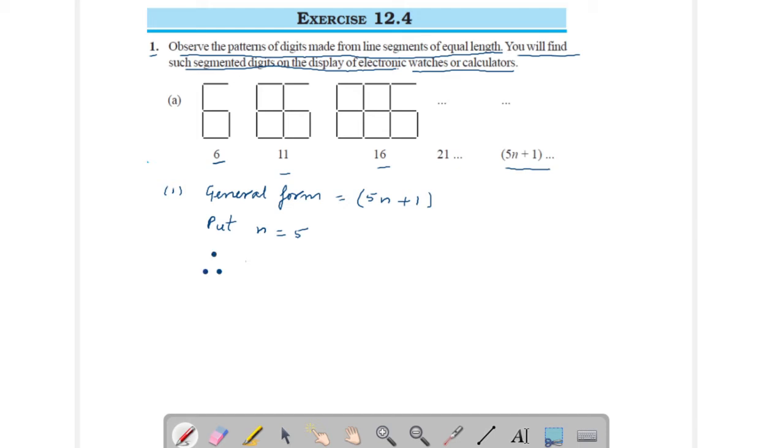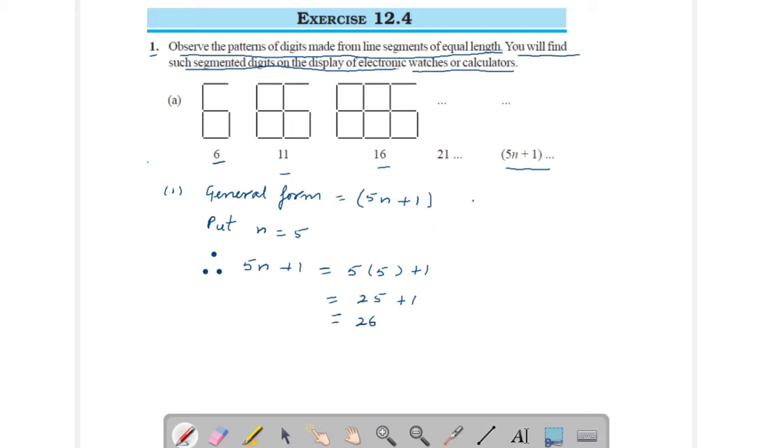Therefore, 5n plus 1 equal to 5, replace n by 5, plus 1. 5 fives are 25, plus 1 equal to 26. This is your answer.